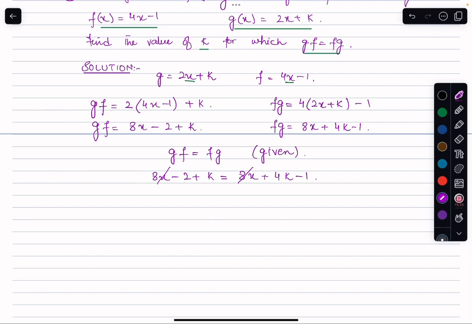I will be left with minus 2 plus 1, which equals 4k minus k, or I can say minus 1 equals 3k, or k equals negative 1 by 3. So this is how I solve the equation to get the value of k.